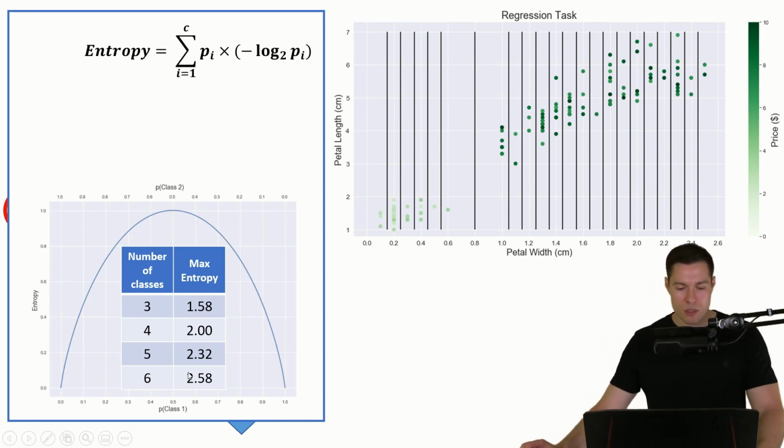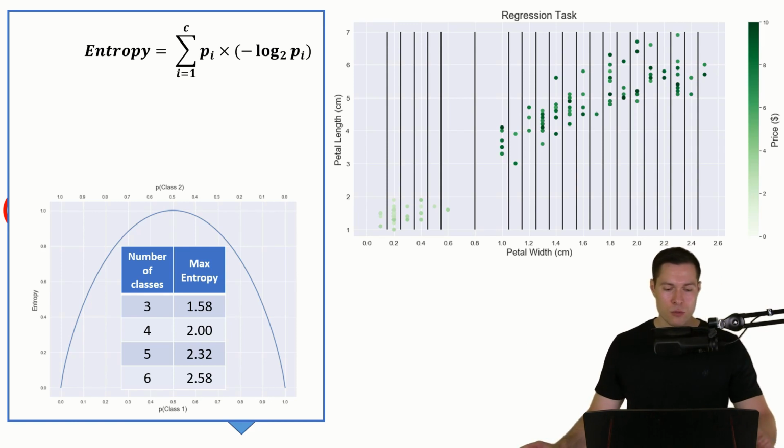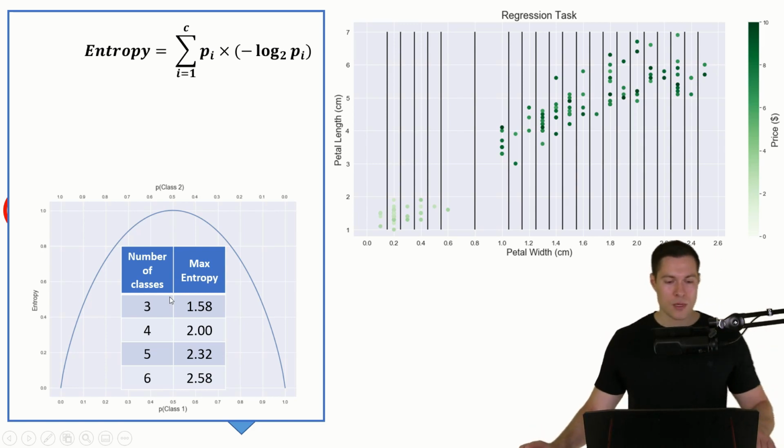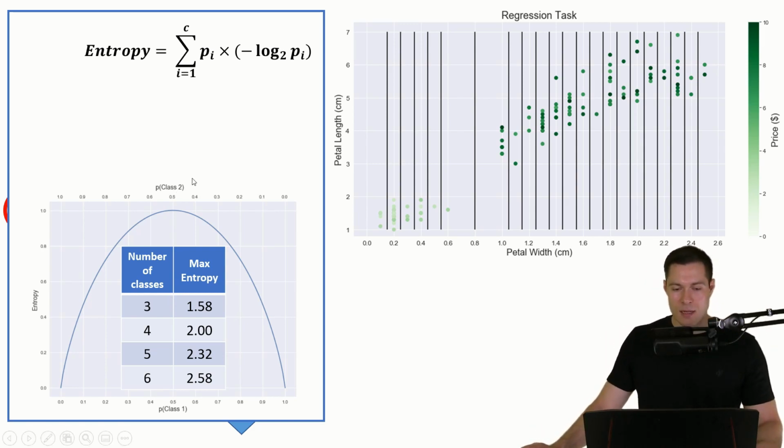So if you wanted to summarize the behavior of the entropy, then what you could say is that the more classes there are and the more evenly they are mixed up, the higher the entropy is going to be.